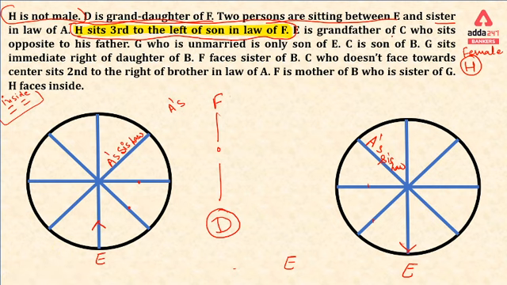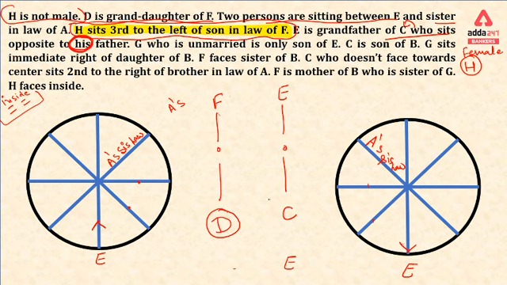E is the grandfather of C, who sits opposite to F. We are not aware whether maternal or paternal. That means E has a child who has another child C, and C sits opposite his father.